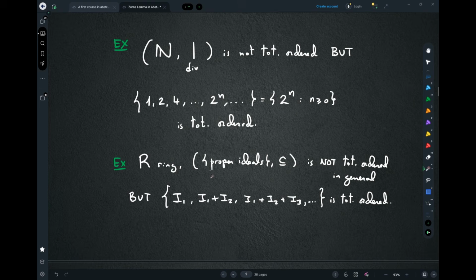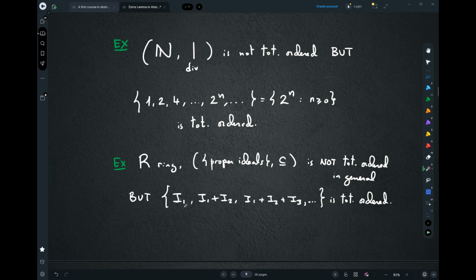Similarly, if I have a commutative ring and I take the proper ideals, so these are just left and right ideals, then this is, as we've seen, in general not totally ordered, it's a partial ordering.